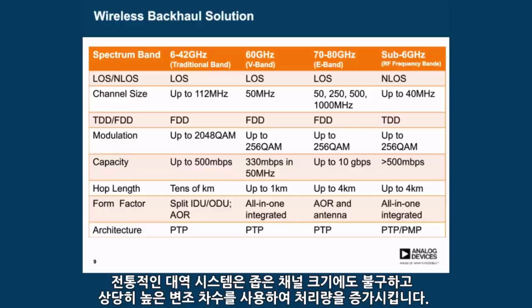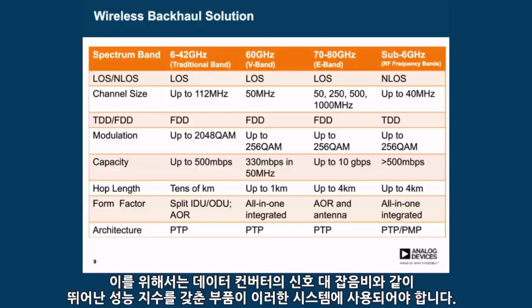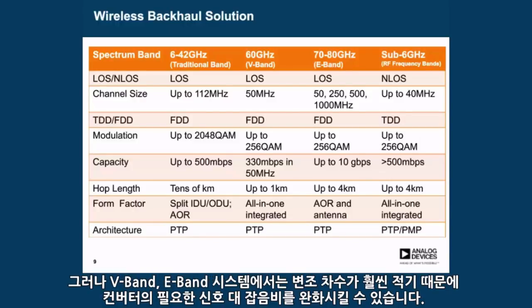The traditional band systems use significantly higher modulation orders to increase their throughput despite their narrow channel sizes. This requires higher performance metrics of the components in these systems, especially the signal-to-noise ratio of the data converters being used. In the V-band, E-band system, however, the modulation order is much smaller, which allows for relaxation of the required signal-to-noise ratio of the converters.